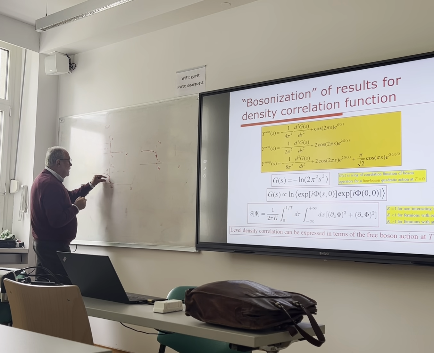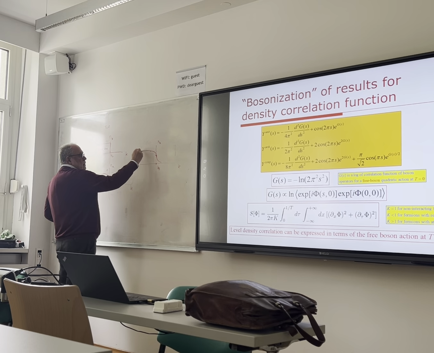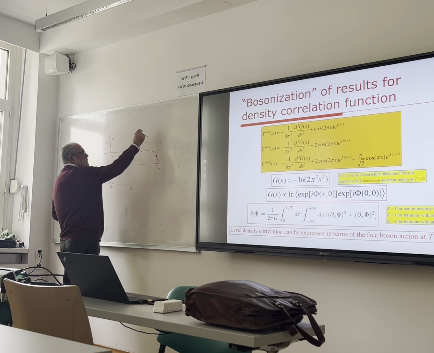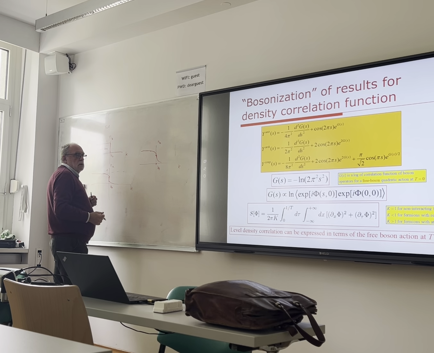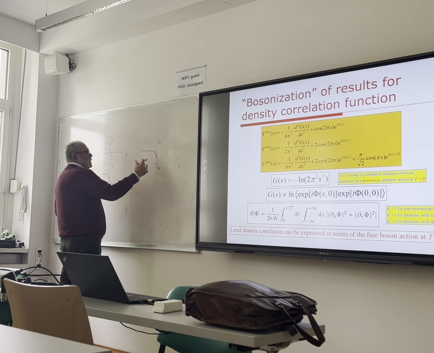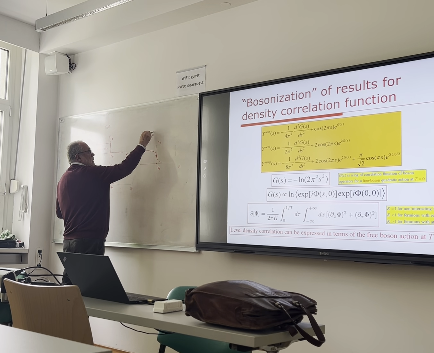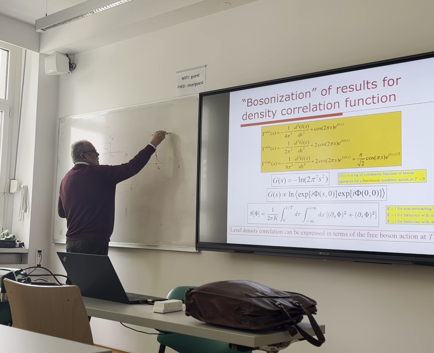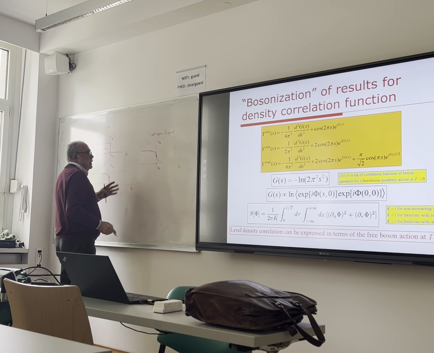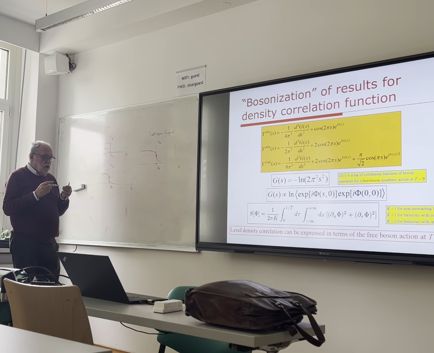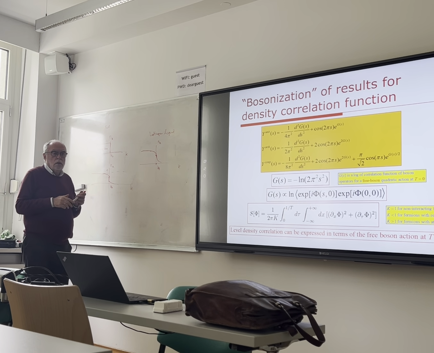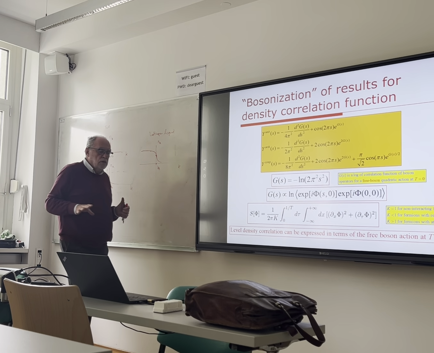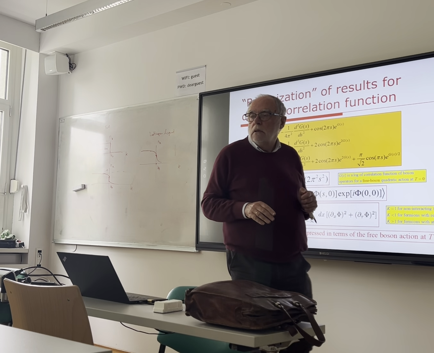So the jump collapses, and instead you have a branch singularity. This is the concentrated picture of the Luttinger liquid. And such a picture appears in a variety of one-dimensional interacting systems.